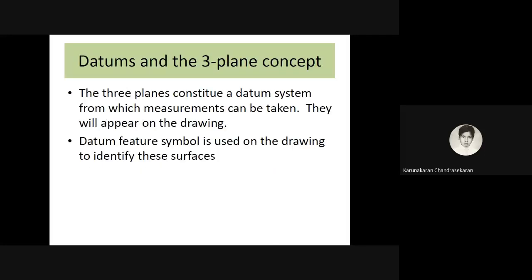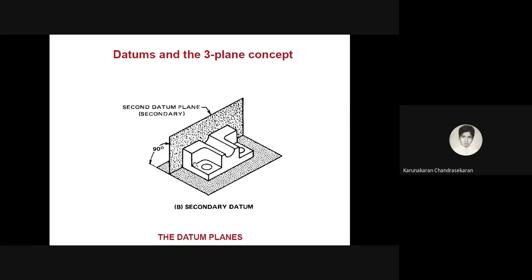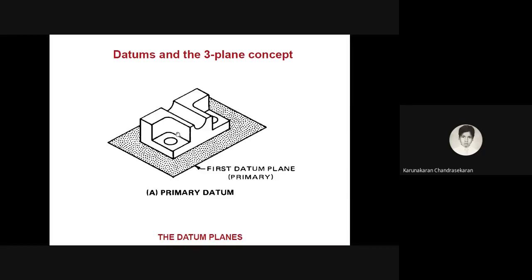So the three plane concept we have just seen. We have three different planes: primary plane, secondary plane, and tertiary plane. To add further, this is how we define the primary datum. This primary bottom plane is given, and a component is resting on that. So this is the primary datum plane, and then the secondary, and each one has some sort of regulation.